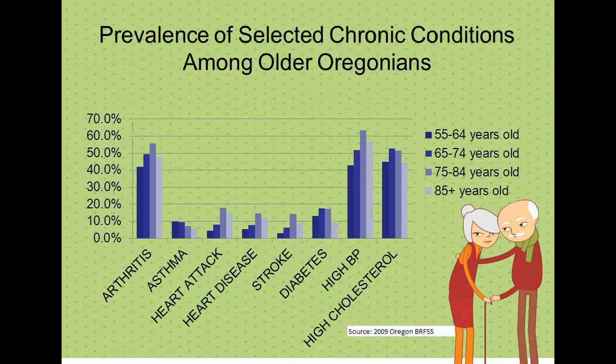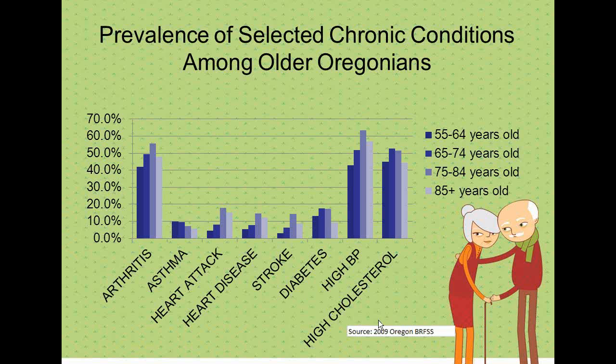Among Oregonians age 55 and over, with some exceptions, frequency of chronic conditions does increase with age. This pattern holds true for arthritis, heart disease, stroke, and high blood pressure.